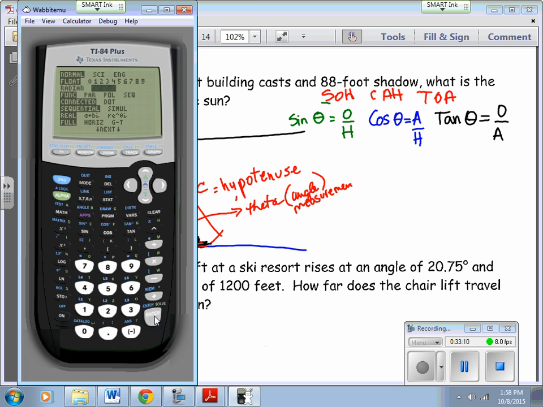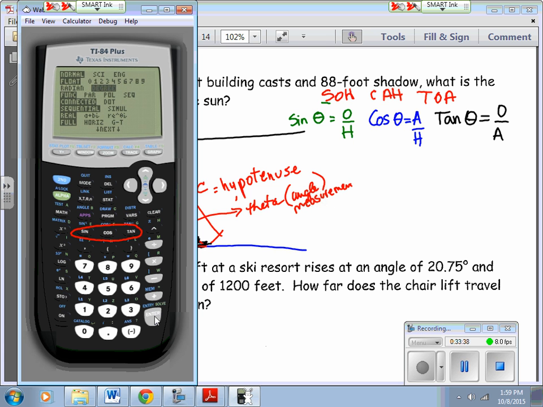Okay? Alright, now the next part is going to be how are we going to use the sine, cosine, and tangent on the calculator. Does everybody see the buttons that say sine, cosine, and tangent on the calculator? Hopefully you see them. You guys see them right there? Sine, cosine, and tangent.